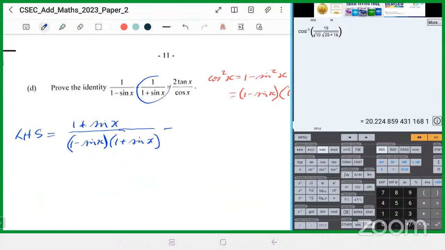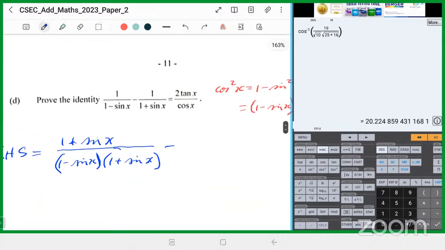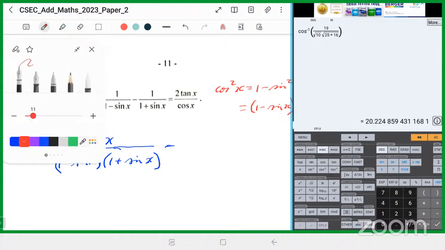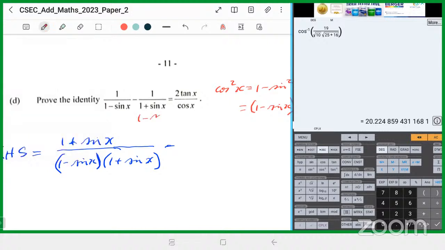I'm going to do the same thing to this fraction. For this fraction, I multiply the denominator by 1 minus sine x, and I multiply the numerator also by 1 minus sine x. All right, so the two fractions have the same denominator.